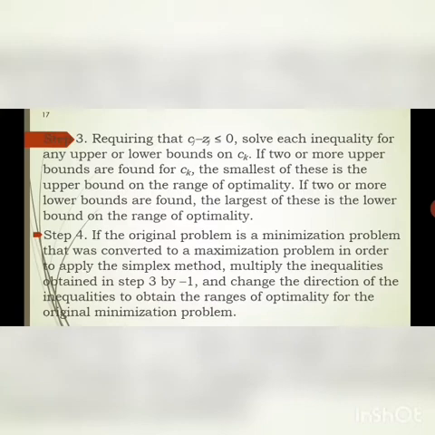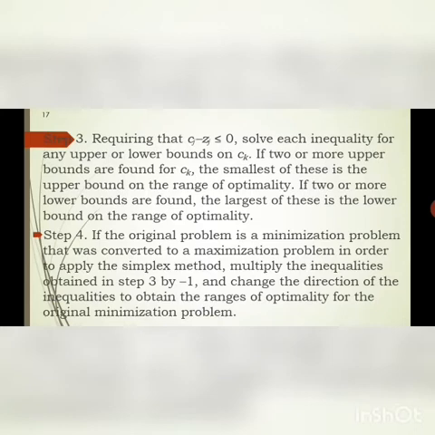If two or more upper bounds are found for c sub k, the smallest of these is the upper bound on the range of optimality. If two or more lower bounds are found, the largest of these is the lower bound on the range of optimality.